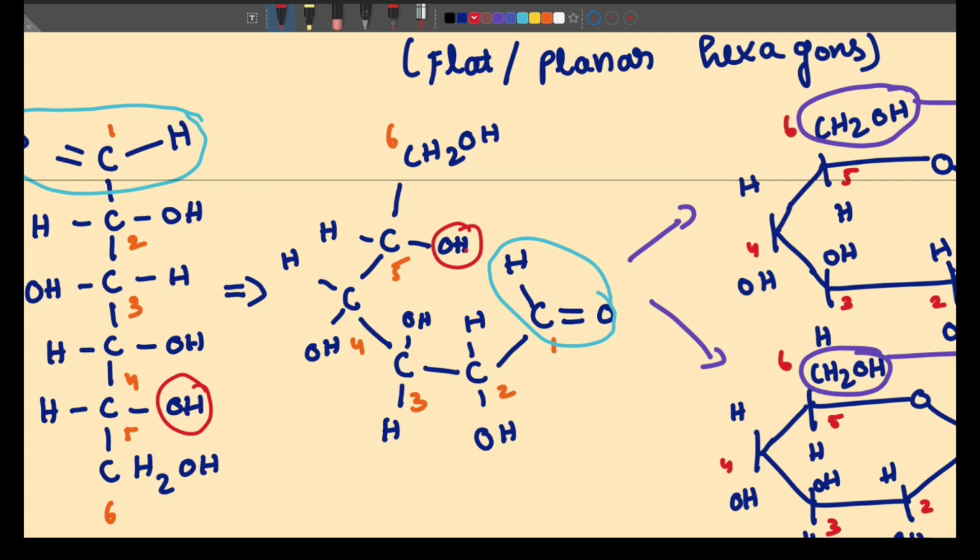That is the hemiacetal or hemiketal. We have already discussed that the first carbon links with the fifth carbon. The H will join with the O, and this O will directly bond with the C. So here it attains a cyclic structure.